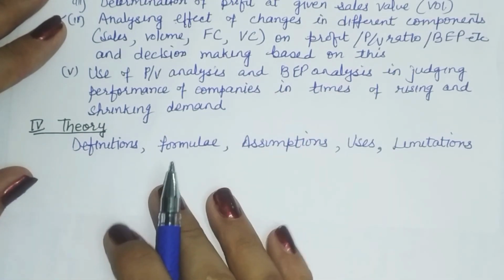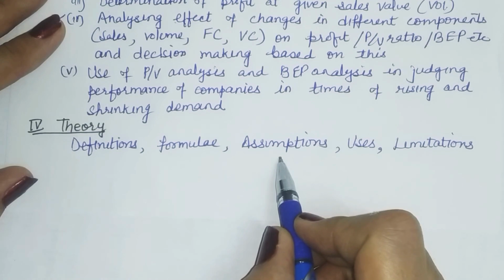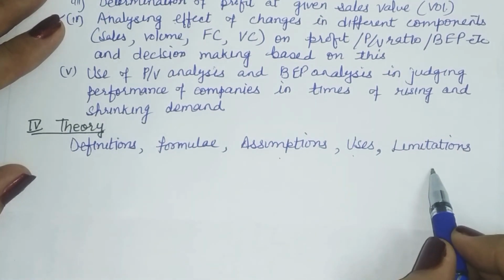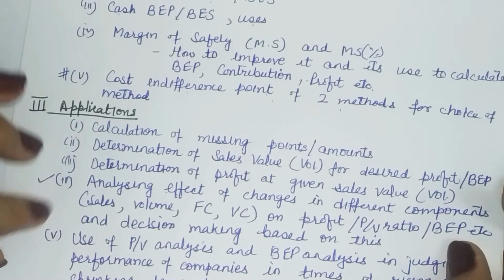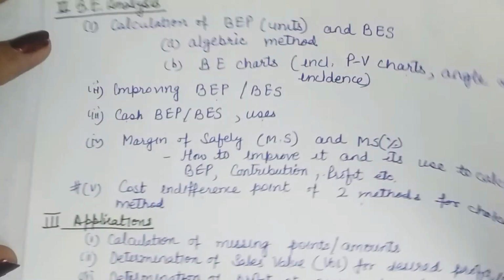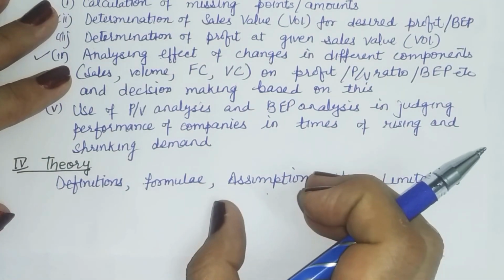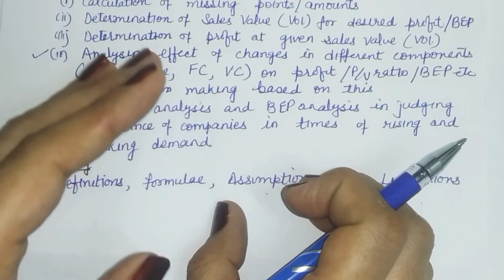Now in the theory we'll have definitions of all these, then formulae, basic assumptions, and uses and limitations. Uses of course are these uses that we'll have for these analyses. And limitations obviously come out of assumptions, because if we have assumed something, that limits our working.